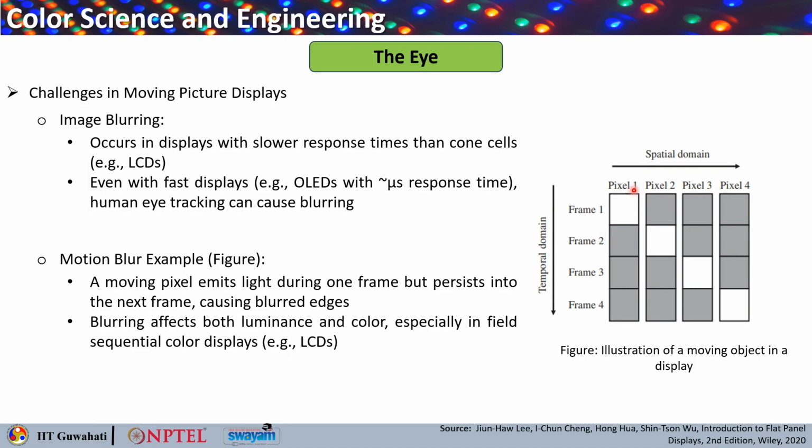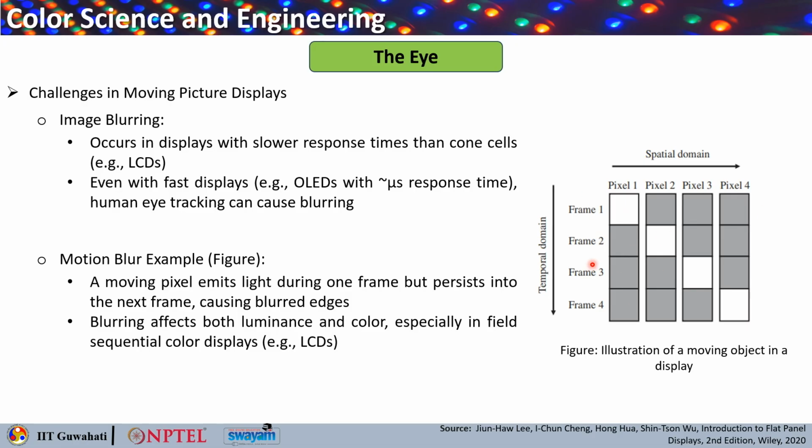A moving pixel emits light during one frame but persists into the next frame, causing the blurred edge. The blurring affects both luminance and color, especially in field sequential color displays, something like LCDs.